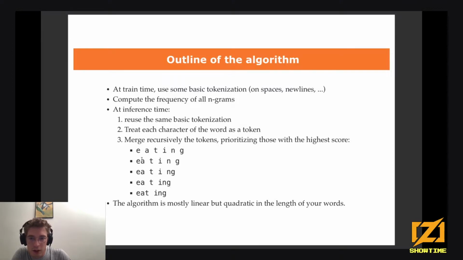In the example, I have "eating", all letters are spread out, and you start by merging the E and A, and then maybe the N and G and I and G. The only order is the scores of those. So the algorithm is mostly linear. You have a small quadratic component in the length of your words, but you can assume this is relatively small.